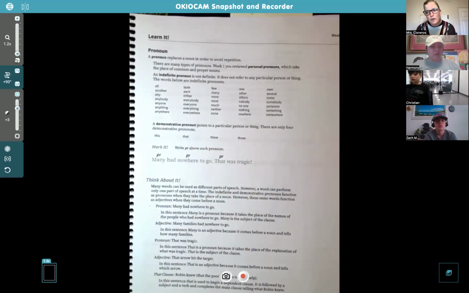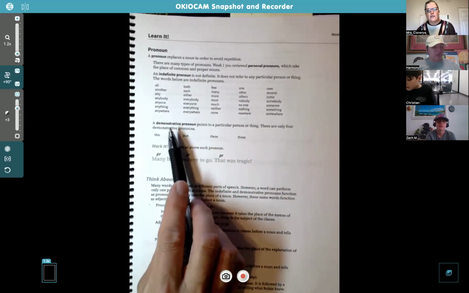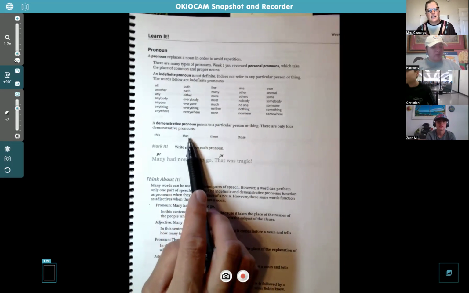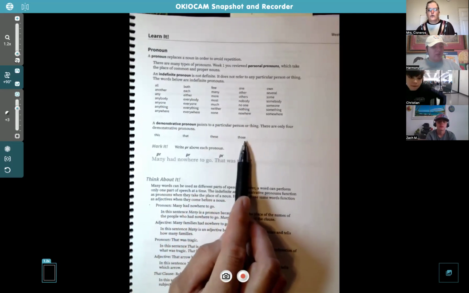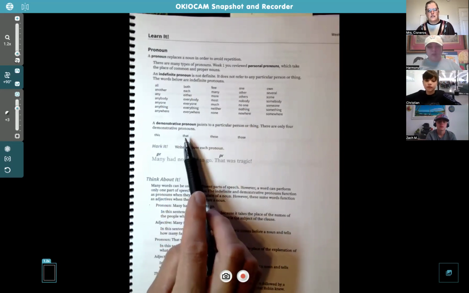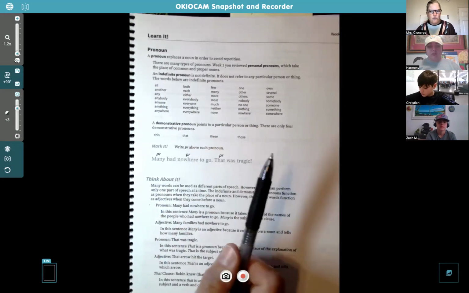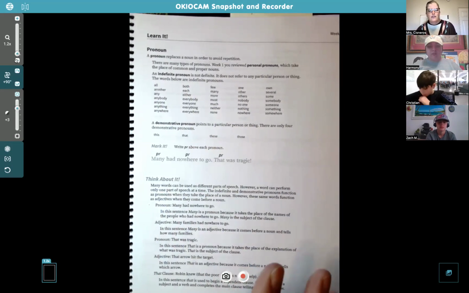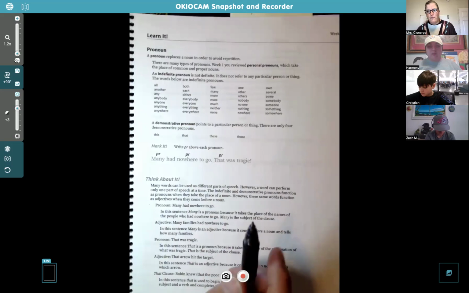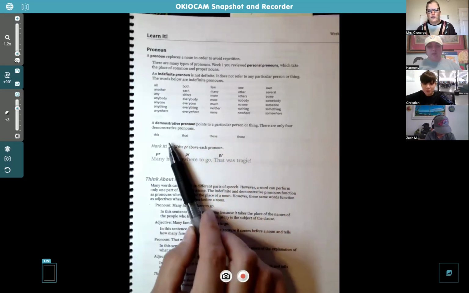So maybe it'll help you. All right, when you see demonstrative pronouns, think of demonstrate, think of a scientist: this, that, these, and those. Demonstrative, demonstrate: this, that, these, those. Okay, I bet you're going to remember it that way because I told you that. So maybe someday when you're teaching somebody else, you say, I remember way back when Mrs. C said to think of a scientist in a lab.